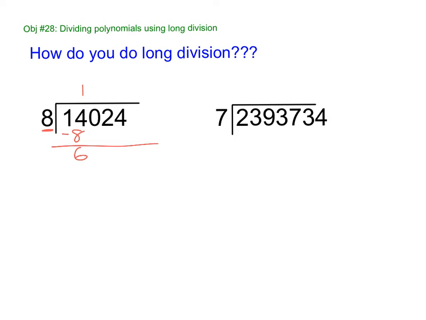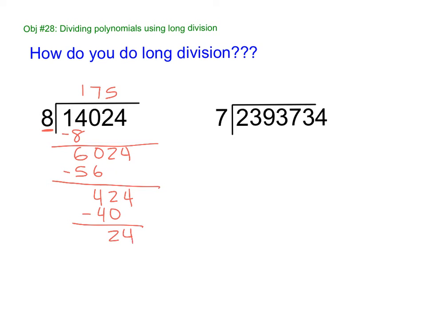So 6, 0, 2, 4. 8 goes into 60. Sorry, my brain stopped working. 7 times. 7 times 8 is 56. We subtract. 4, 2, 4. 8 goes into 42. 5 times. Multiply. Subtract. 8 goes into 24 3 times. Multiply. Subtract.